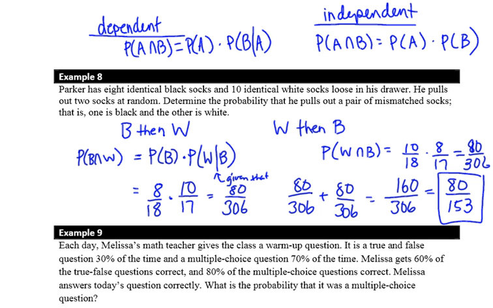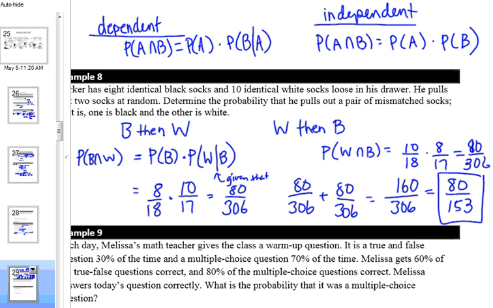So we have to figure out, is it independent or dependent? The reason why you need to know your formulas is they can give you a theoretical question. We already talked about this yesterday. I'm just going to go to the very first slide. Given that A has occurred.